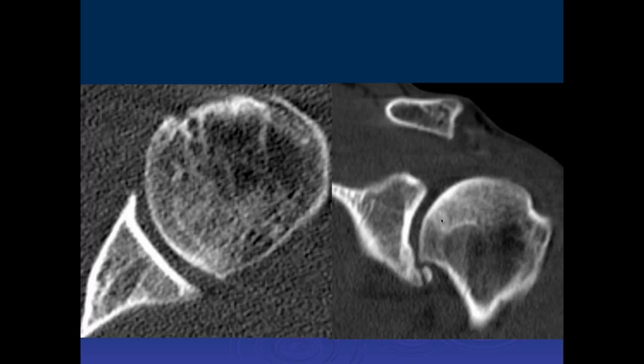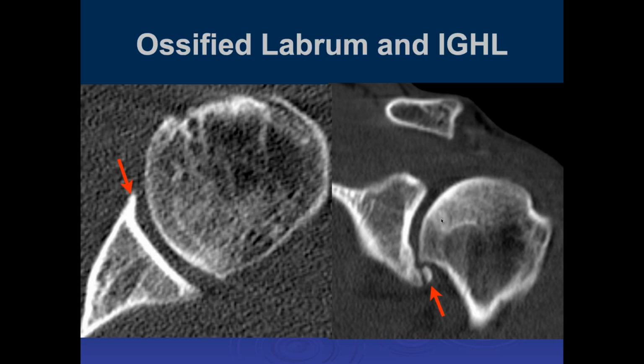This is what it looks like on CT scan. So this is ossification of the labrum, and in this case also the inferior glenohumeral ligament. So these can ossify. It's an indication of degenerative disease of the labrum. It's not really a cause for instability, but it is an indication that you're developing significant degenerative disease.